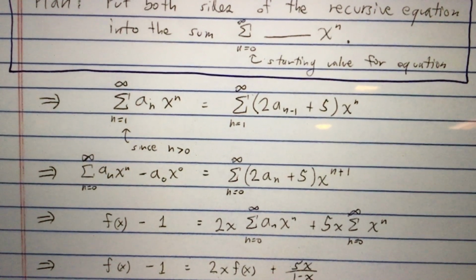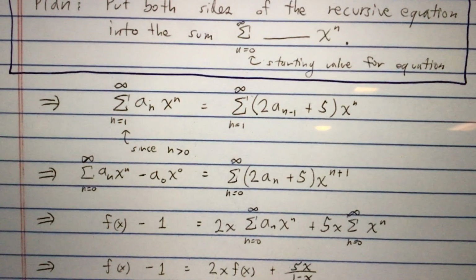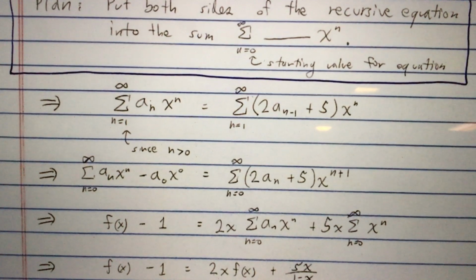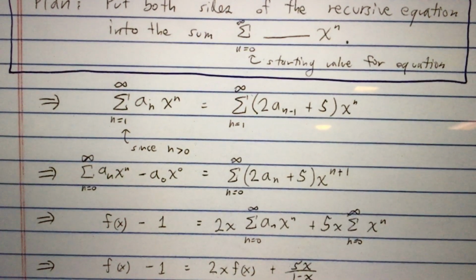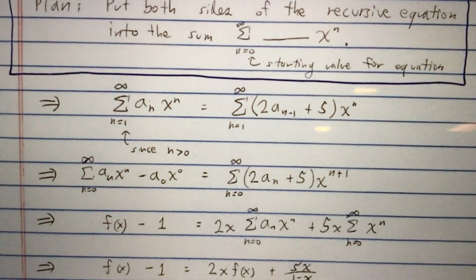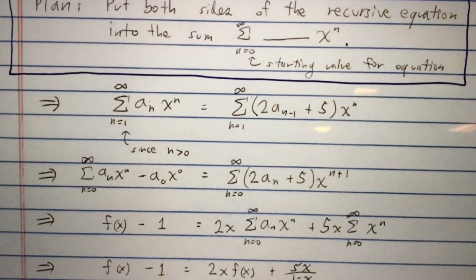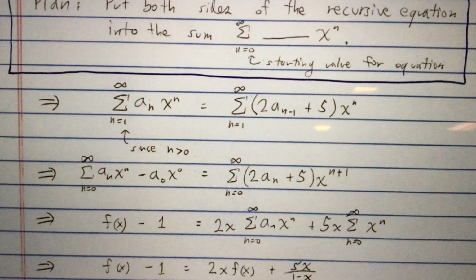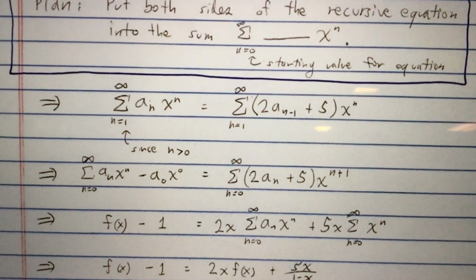Yep. So double check if you shift the index that when I plug in n equals 0 in the second line here on the right-hand side of the equation, I'll get 2 times a sub 0 plus 5 x to the 1. If I plug in n equals 1 in the previous right-hand side of the first line, same thing, 2 times a sub 0 plus 5 x to the 1.